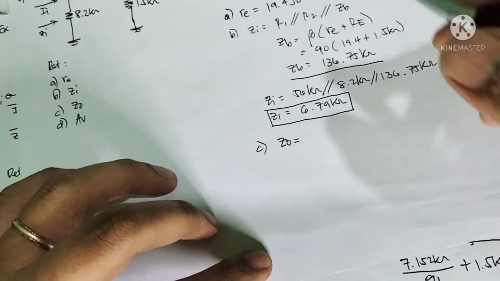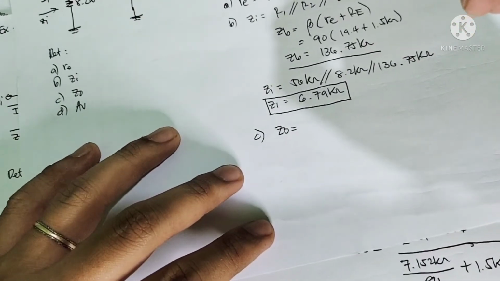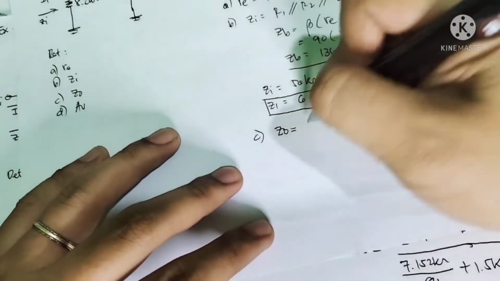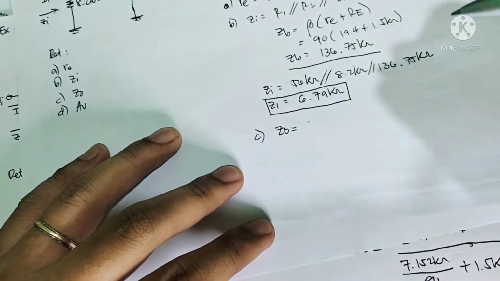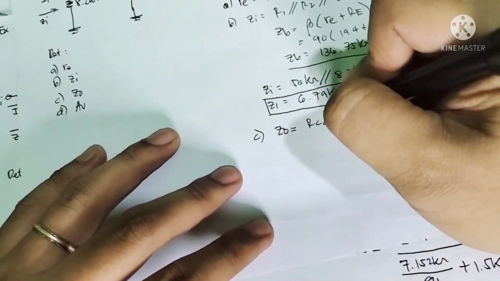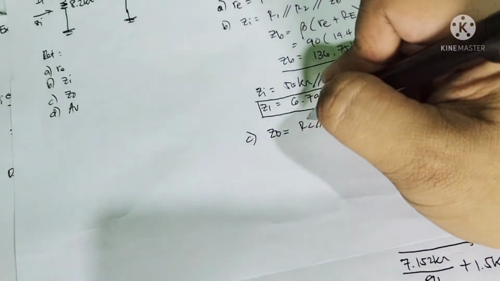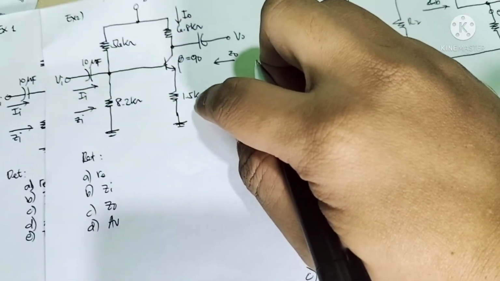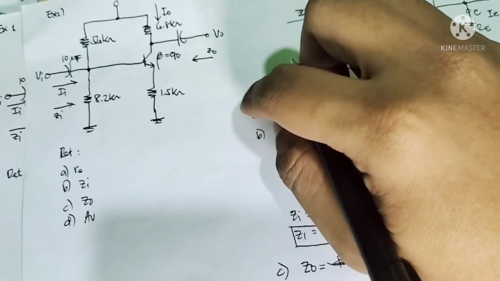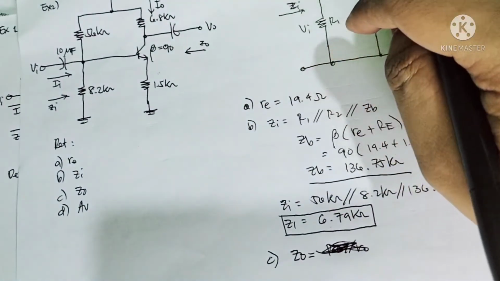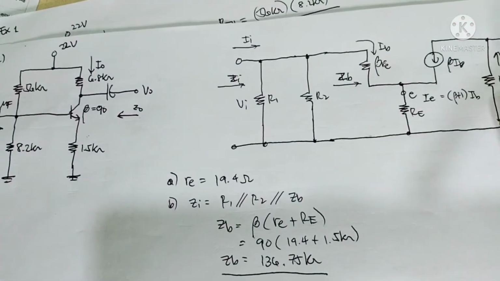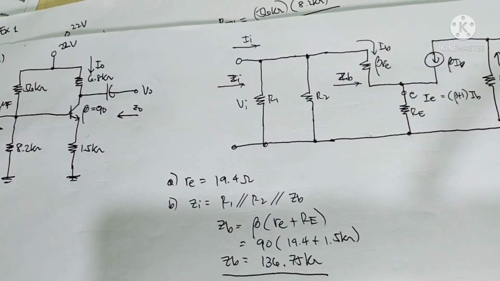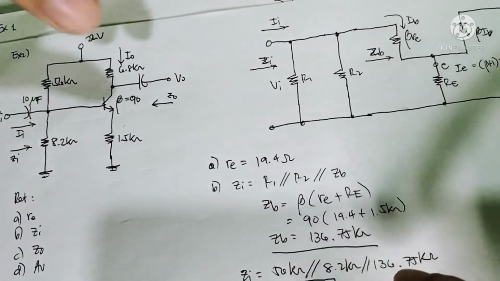So therefore Z out is RC parallel R sub O. Oh, by the way, if it is unbypassed, it is better to neglect the effect of R sub O, because if you include the effect of R sub O, it will complicate our solution.